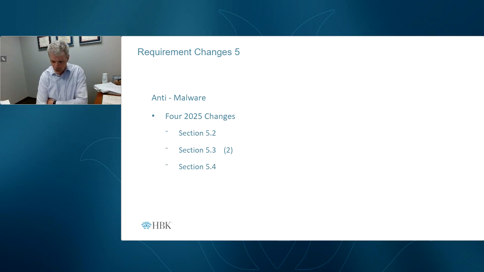Section 5.2 deals with the frequency that you have to identify the components that are not at risk from malware, based on risk assessment. Section 5.3 has 2 requirements, which is the frequency that you do your scanning for malware, and then also scanning removable media. So if you have anything where you're taking a drive off site, you have to be very careful with that. You see that in the news all the time.